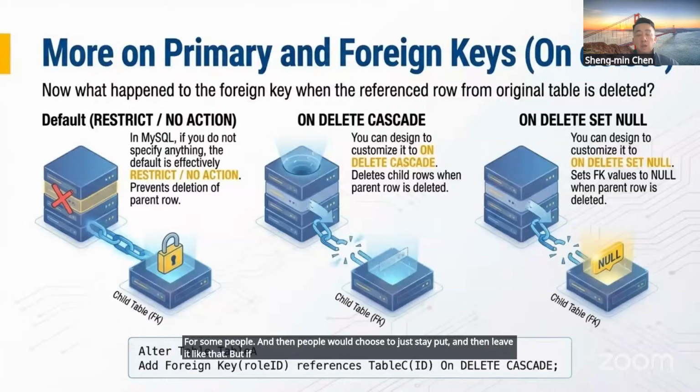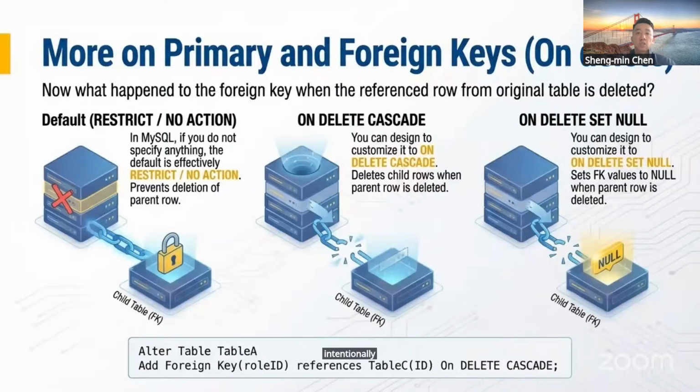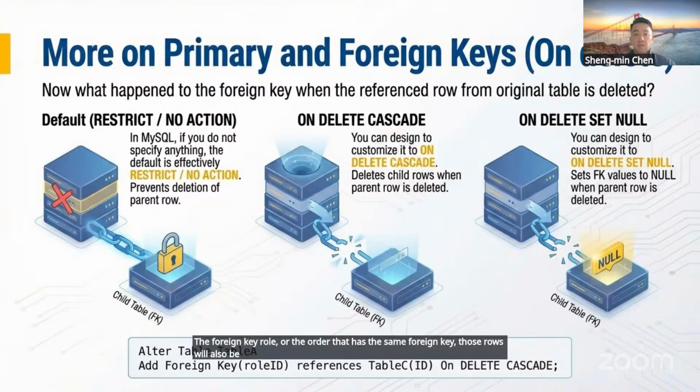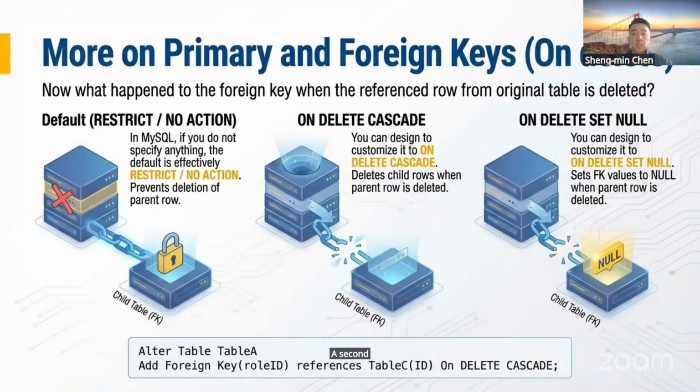But if you intentionally want to change it, you have two ways. The first is cascade. In this case, when your primary row is deleted, the foreign key rows, all the orders that have the same foreign key, will also be deleted if you say ON DELETE CASCADE. A second option is ON DELETE SET NULL.